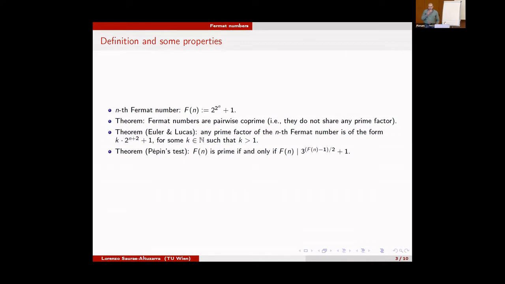Okay, so another very important result is the so-called Pepin's test. That is a characterization of their primality: the nth Fermat number is prime if and only if we can perform this division, dividing 3 to the (Fn minus 1) over 2, plus 1.